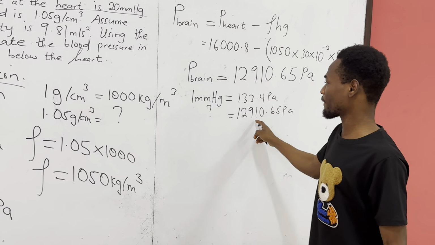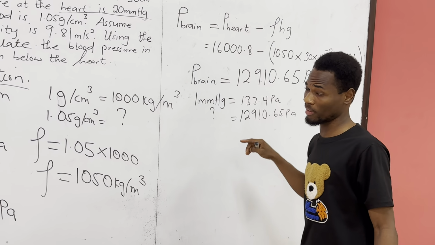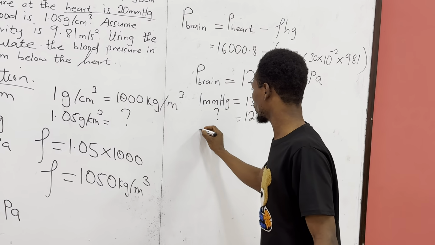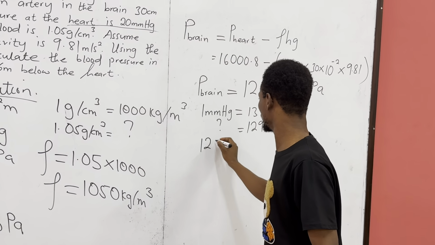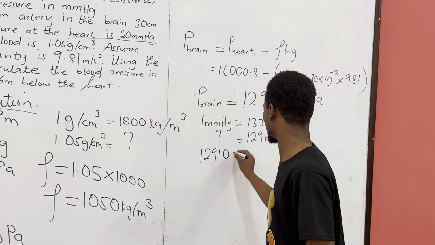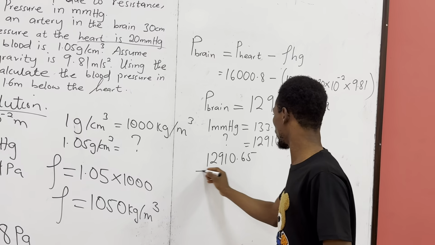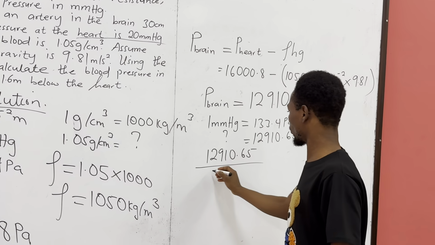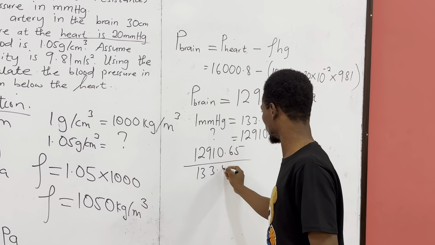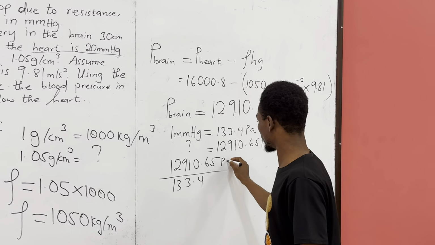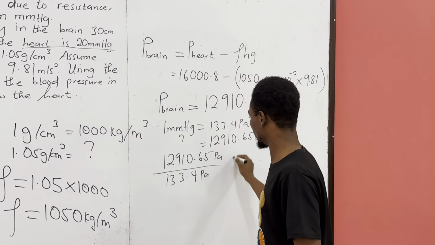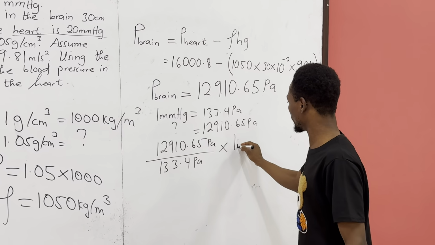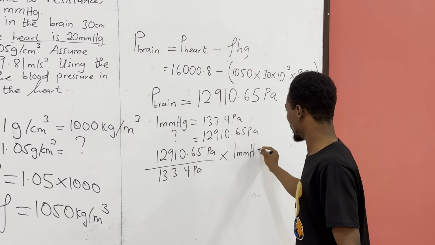So what is the pressure in millimeters of mercury? This is more, so let's divide. I'll have 12910.65 over 133.4. If I have Pascal here, then times my 1 millimeter of mercury.